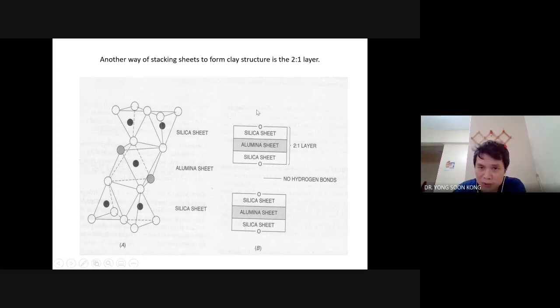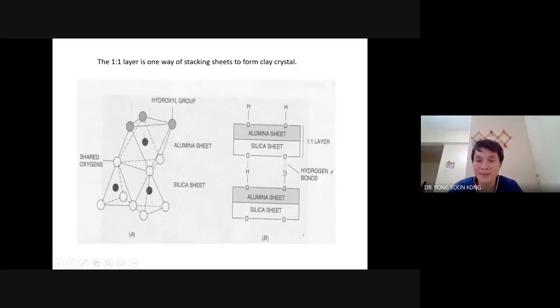Okay, now moving on to this three-layer diagram. If the entire surface is negative charge, and there comes another 2-1 micelle, negative charge will interact with negative charge. There's no hydrogen bond. Earlier there was a hydrogen bond because right here you have hydrogen. This hydrogen is not charged, but it's also not neutral.